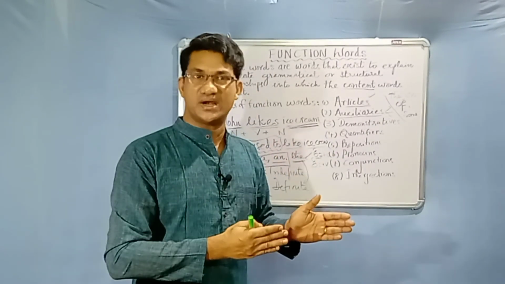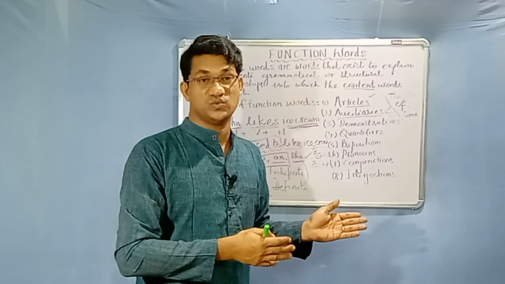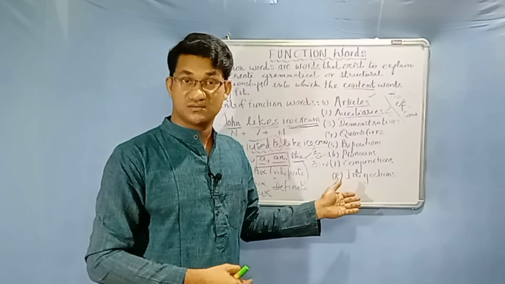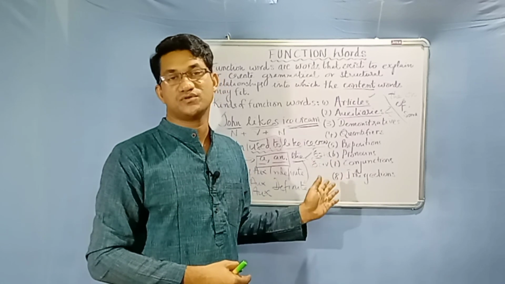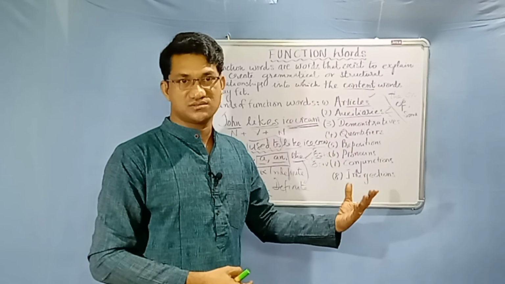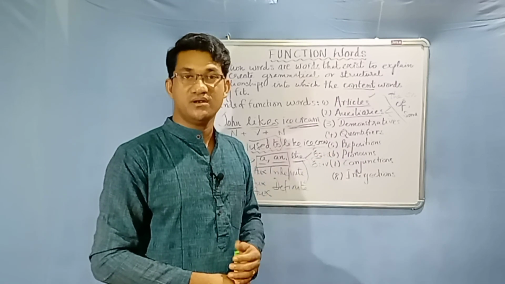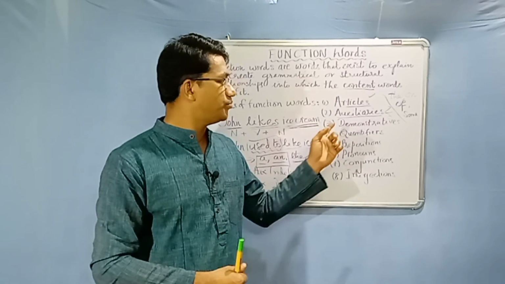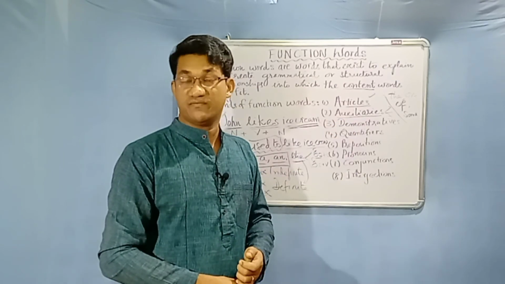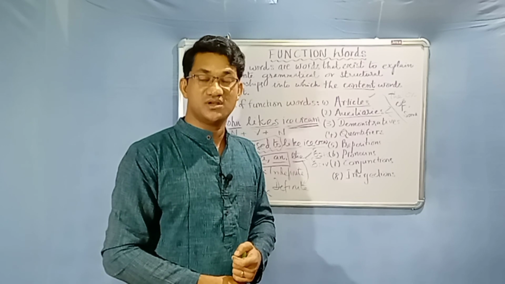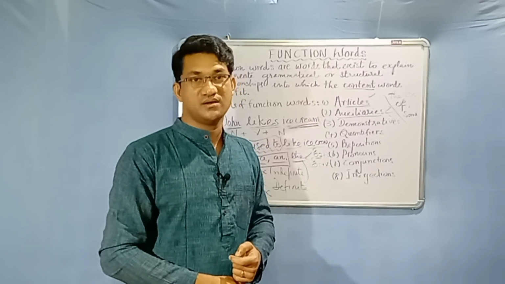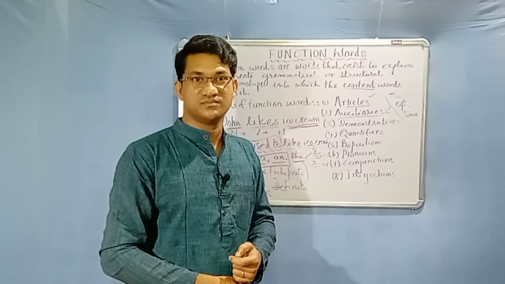Today we studied function words, the 8 types of function words, and in detail the articles. Next session we will discuss in detail the auxiliaries, which are divided into three: primary, modal, and semi auxiliaries. Thank you very much.